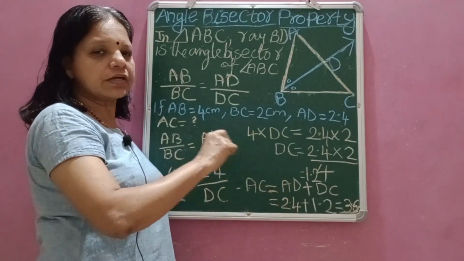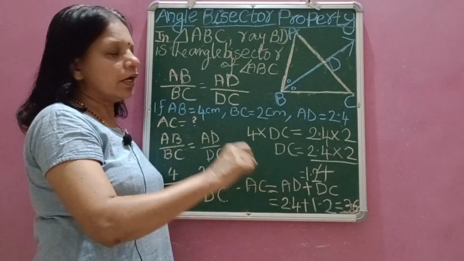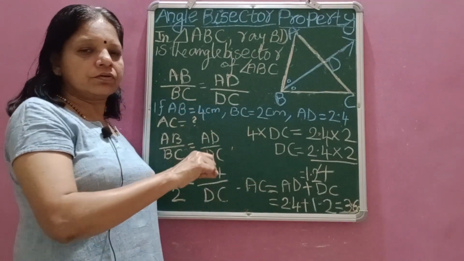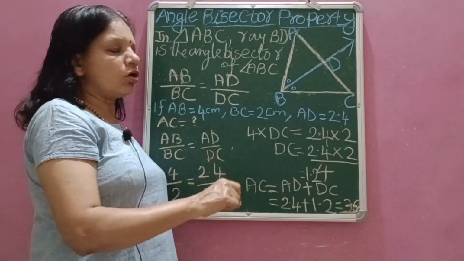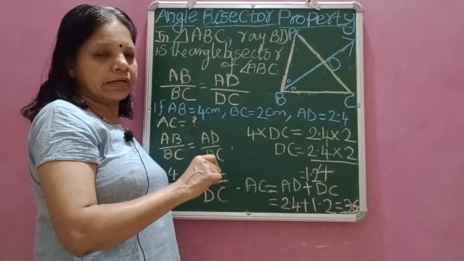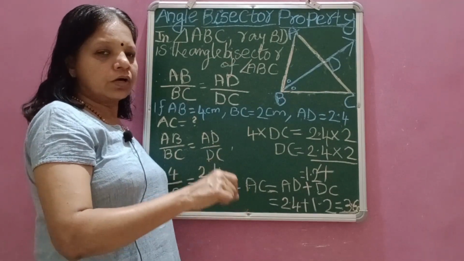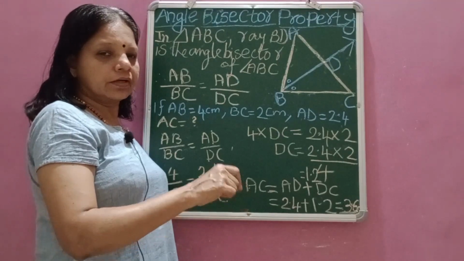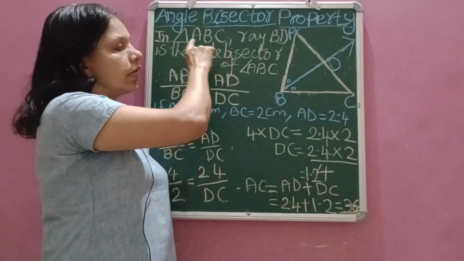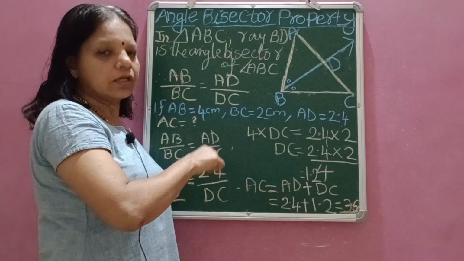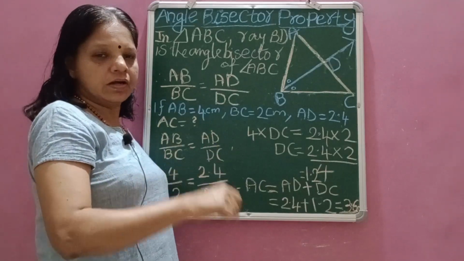They should be in the same ratio. Clear? Using this property you have to solve some applications. On seeing the question, you have to identify that you have to solve it using the angle bisector property, if you understood the property very well.